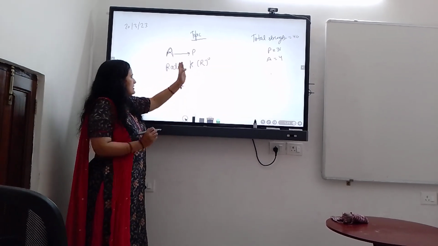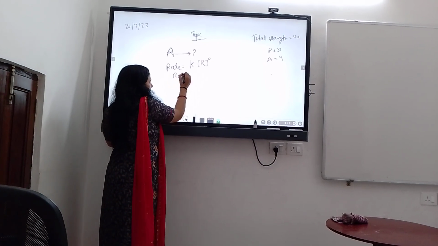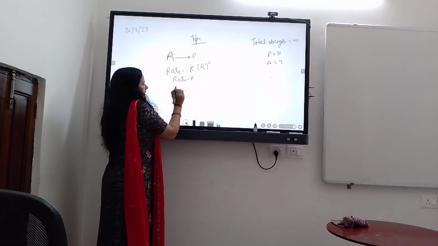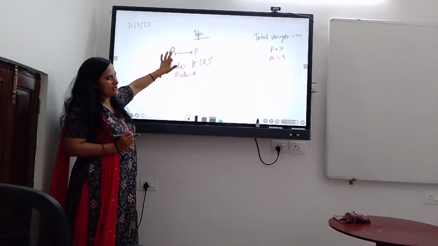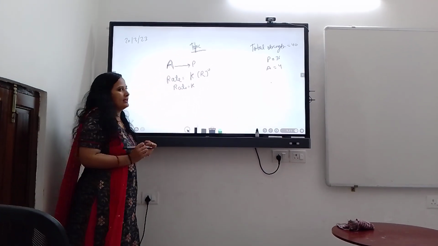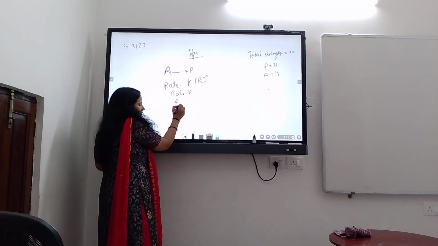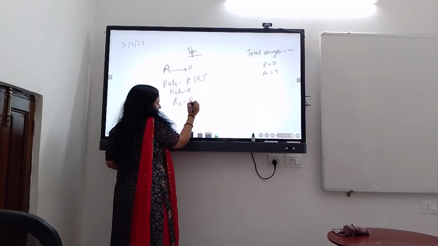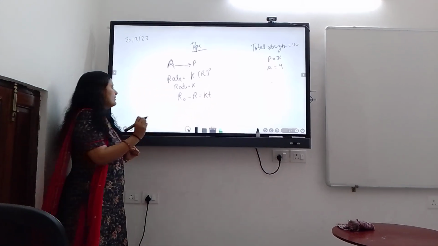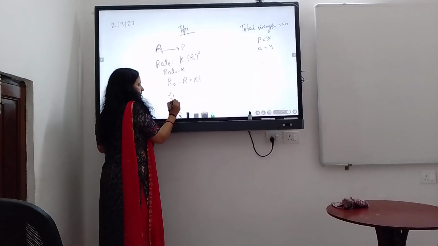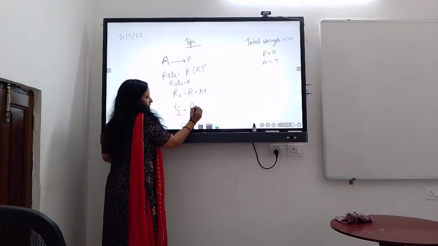It means rate is equal to K. That shows that rate is independent of the initial concentration of the reactant. And its integrated rate equation is R0 minus R is equal to Kt. And its half-life is t half equals to R0 by 2K.